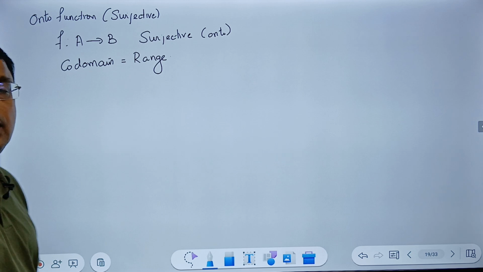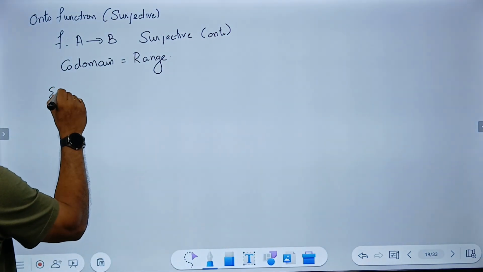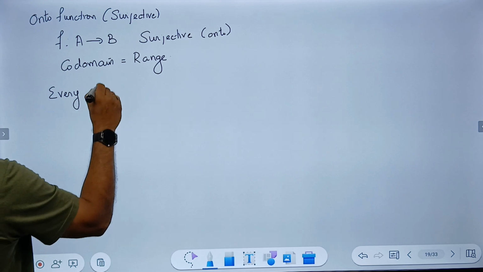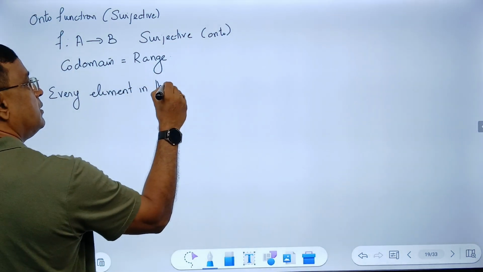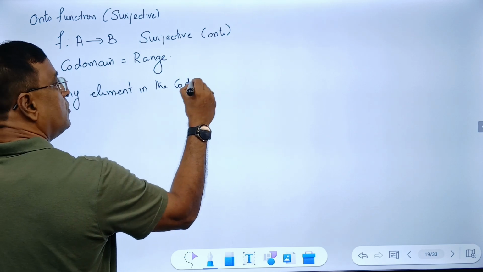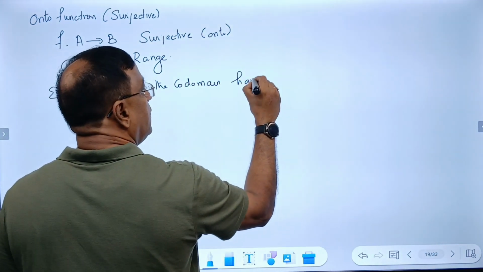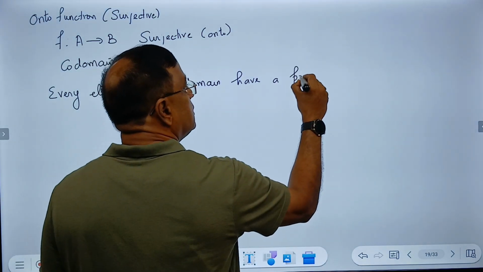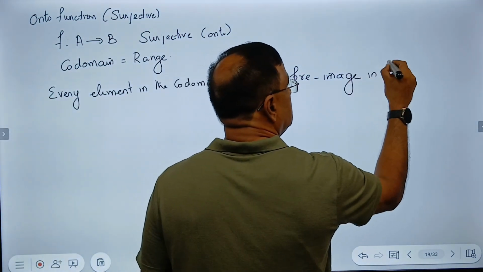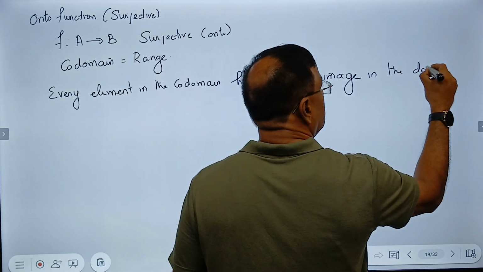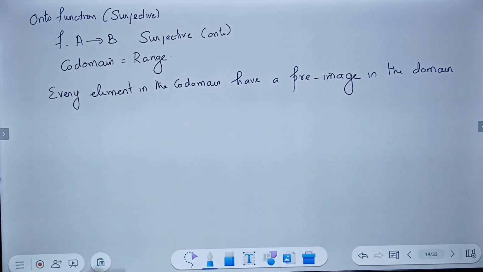Or you can say every element in the codomain has a pre-image in the domain. Let's look at this diagrammatically.